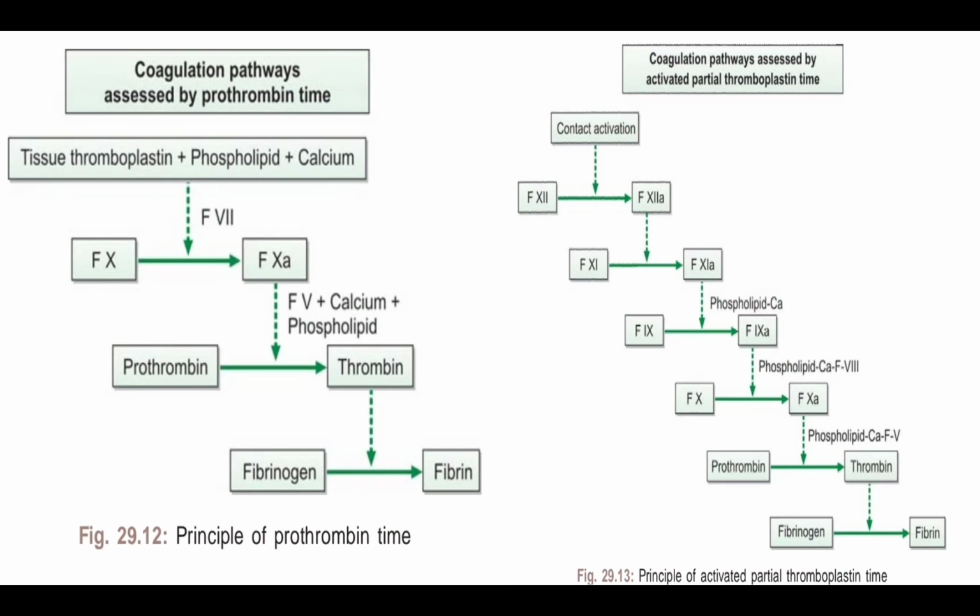Now, these are the coagulation pathways for PT and APTT, so the factors which are included in these tests. PT is for the extrinsic pathway, while APTT correlates with the intrinsic pathway of coagulation.